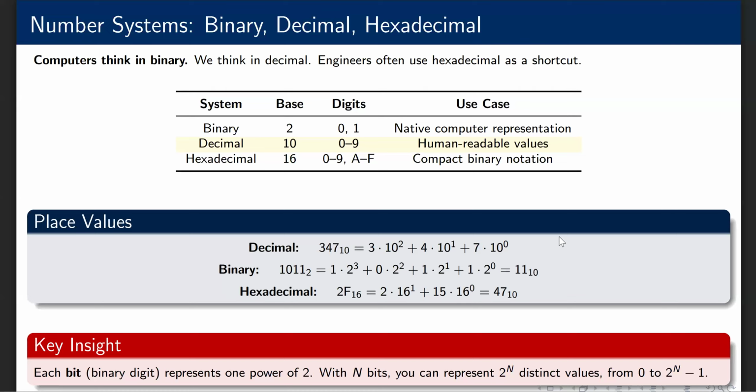The key insight is at the bottom. With n bits, you can represent 2^n distinct values. 1 bit gives you 2 values. 8-bit gives you 256. 16-bit gives you 65,536. This geometric growth is why even small increases in bit depth dramatically improve resolution.